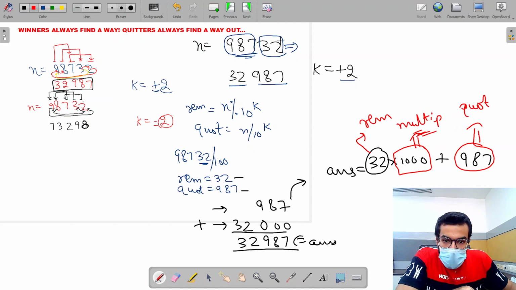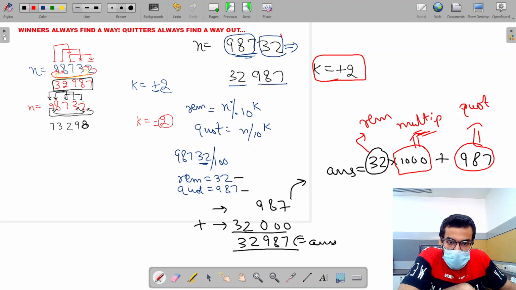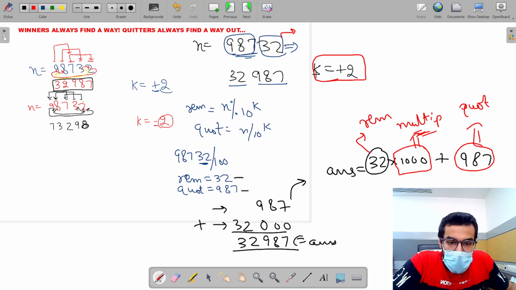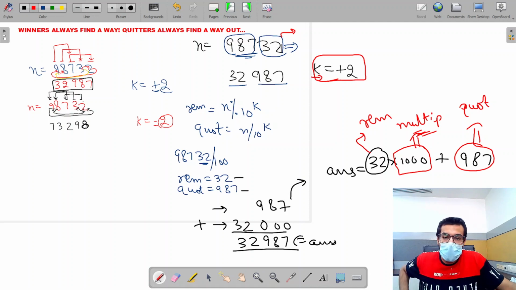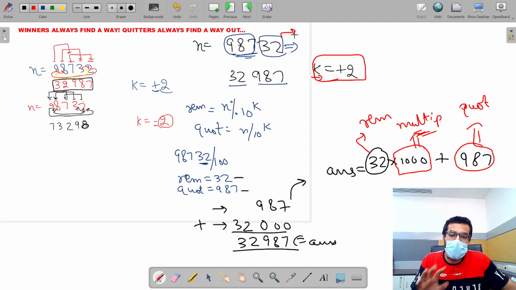Observe this thing carefully, that if we had to rotate the number by k, then the last k digits should be coming in the last. So I'm sorry, let me just say it again: if I want that the number has got k rotations, then k digits from the end should be separated.